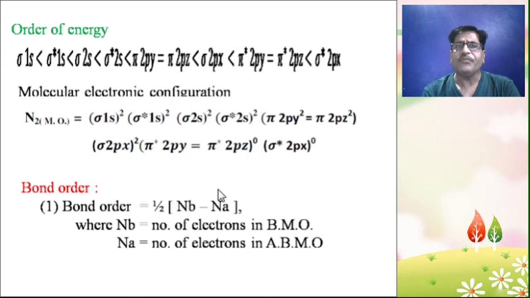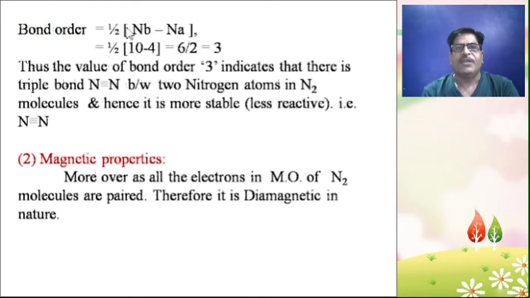So what is the bond order in N2? Let's calculate the bond order. Bond order is equal to 1 by 2 of Nb minus Na, where Nb is the number of electrons in BMO and Na is the number of electrons in ABMO. So the bond order is, with Nb 10 and Na 4, 6 by 2, which is 3.